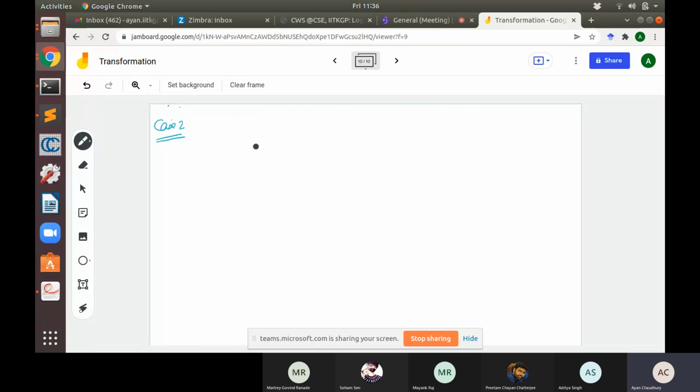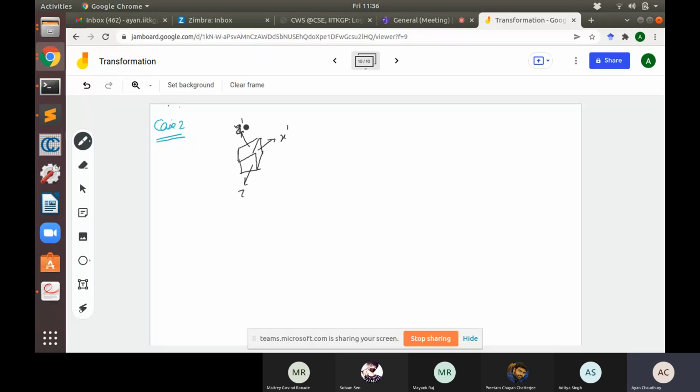Let's say this is your object like this. I don't know how to draw that. Let me try. Okay, whatever. And it has, let's say, a coordinate system like this: x prime, y prime.